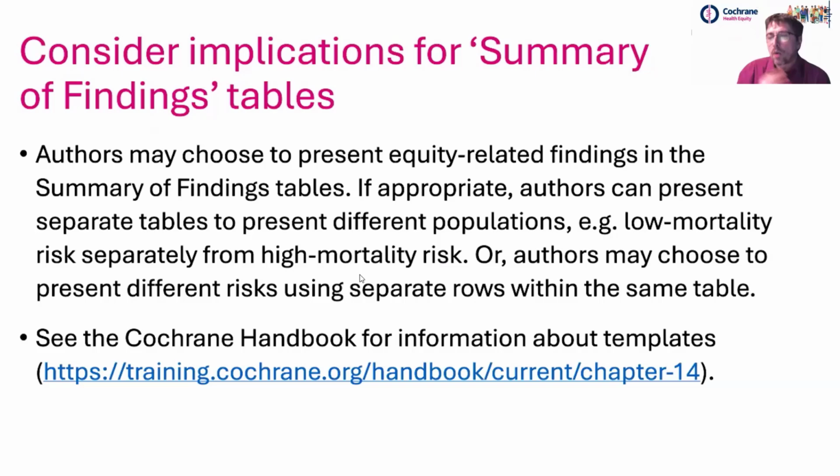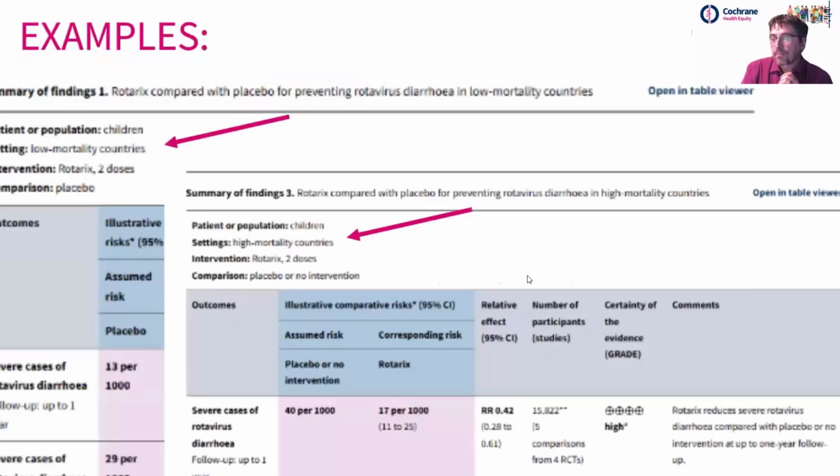And you basically have two options. You may want to have two separate summary of findings tables. So for instance, have a summary of findings table for studies done in high-income countries and a summary of findings table for studies performed in low-income countries. Or you may want to show it as different rows of different baseline risk. So we can see some examples of that.